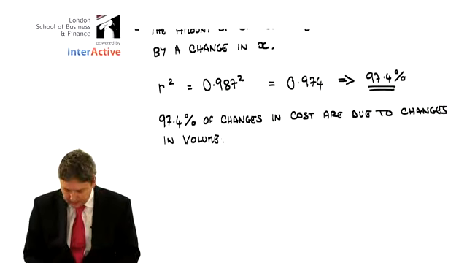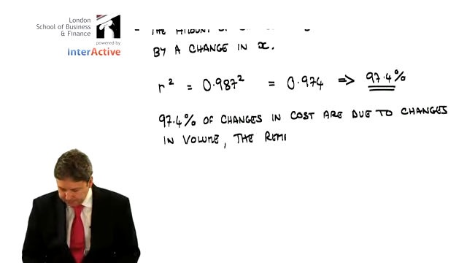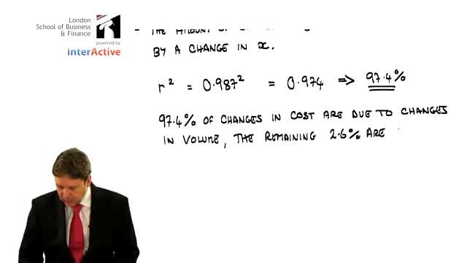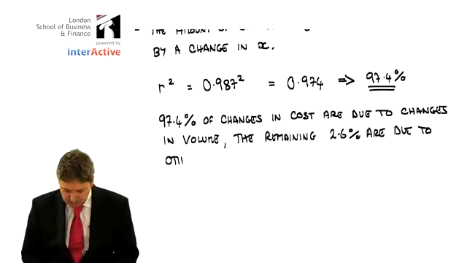You know, the level of activity. And the remaining 2.6% are due to other unexplained factors.